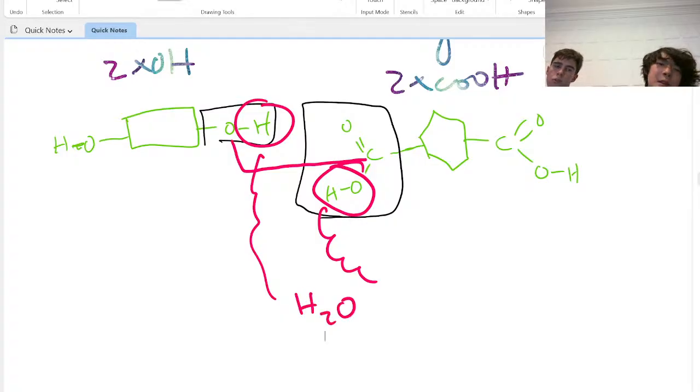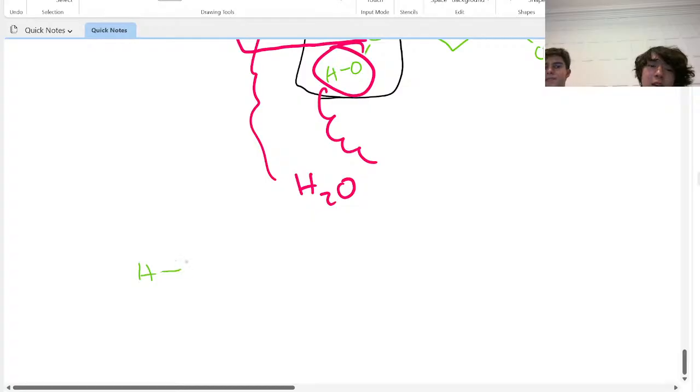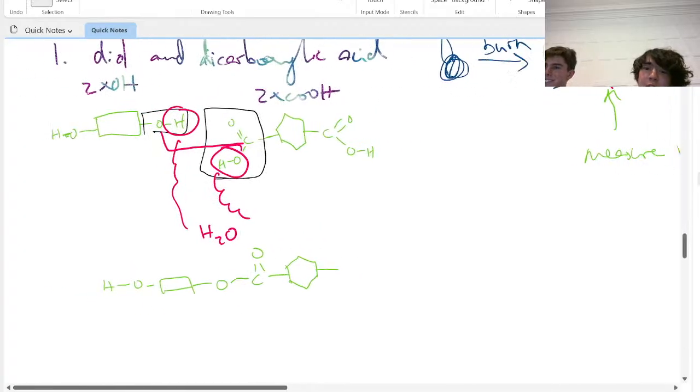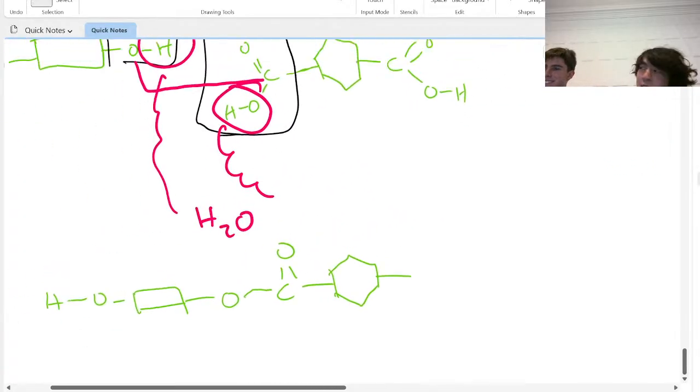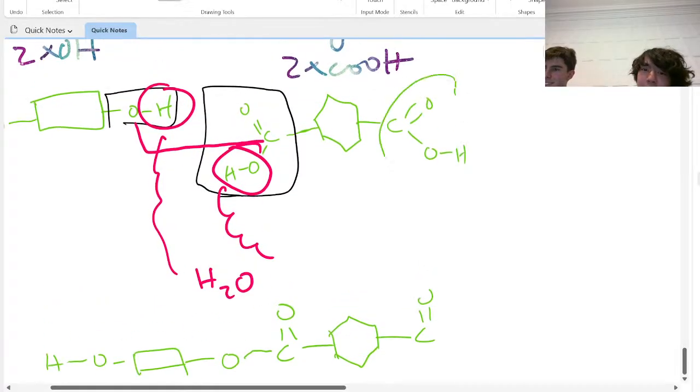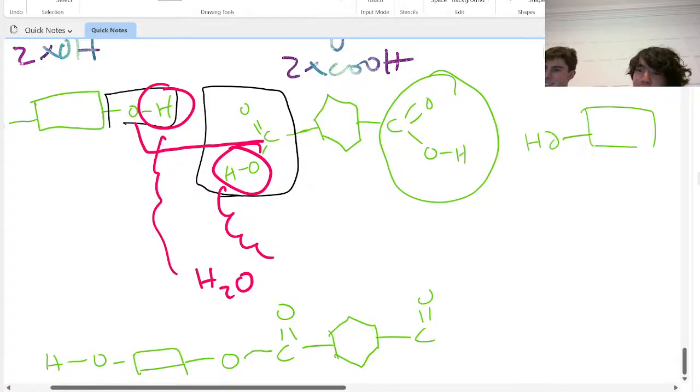So the repeating unit product will be long. The COOH there is going to react with another OH there, with a rectangle.